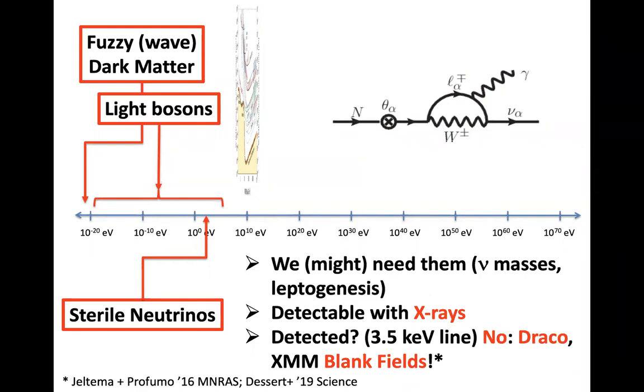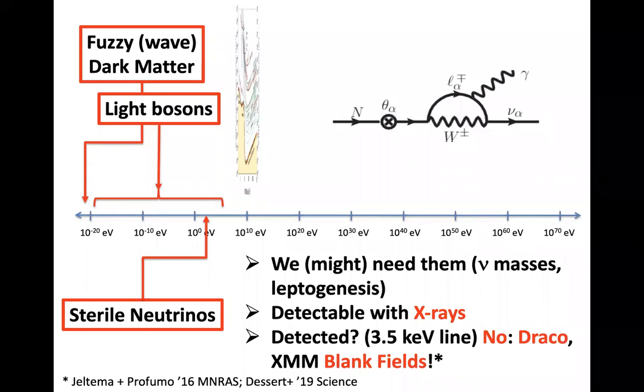Now, of course, we've all heard about this 3.5 keV line that was detected by Esra Bulbul and others in the stacked X-ray images of clusters of galaxies. It has been confirmed by other groups. Myself and Tesla Giacomo at UCSC discovered this line from the galactic center.